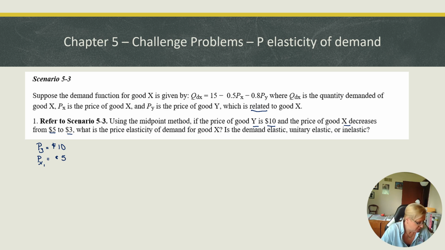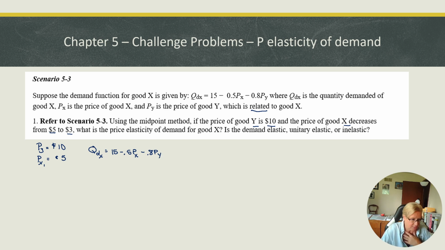We have the quantity demanded of X equal to 15 minus 0.5 Px minus 0.8 Py. So we just put in the $5 for Px and $10 for Py, and then solve for our quantity demanded of good X.